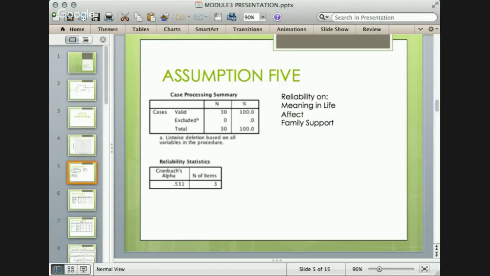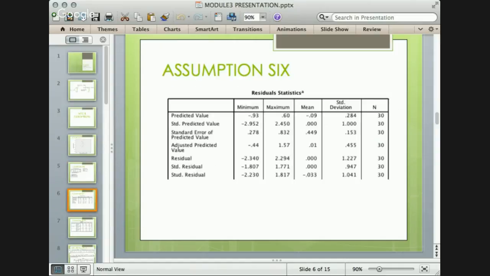It's not that high, not that great, so our reliability is a little shaky. For the next one, we look at whether the mean error, or residual, equals 0, and we see that we fulfill that. If the mean residual is not 0, then we're most likely overshooting or undershooting the observed value, and we don't want to do that.